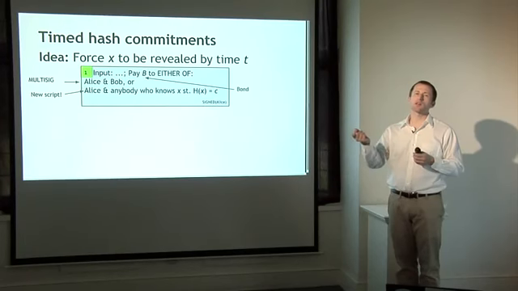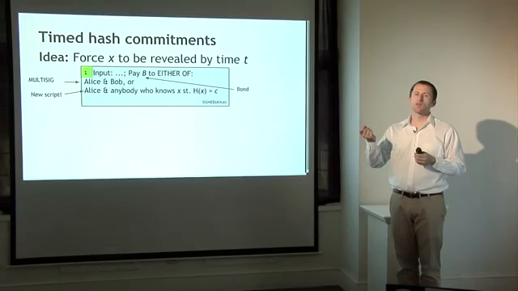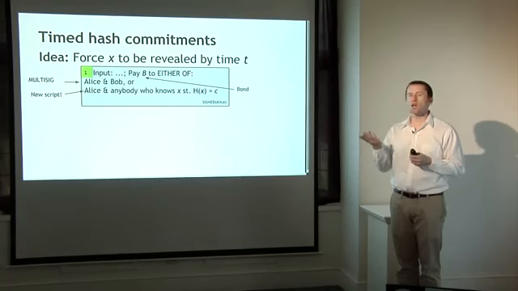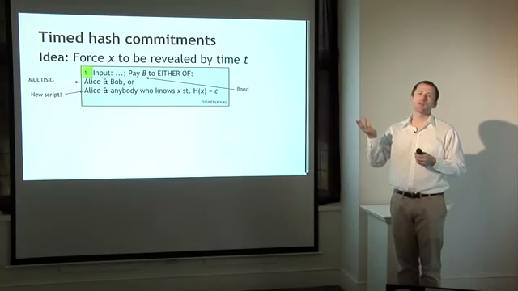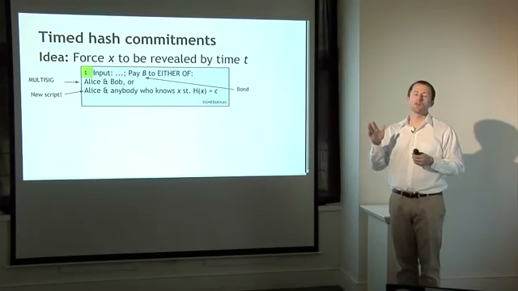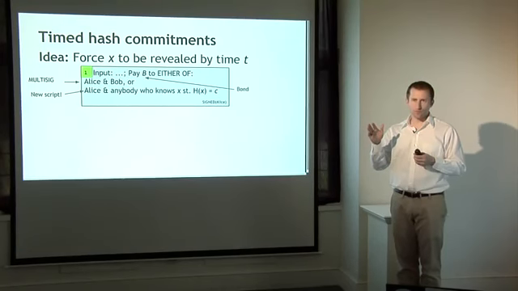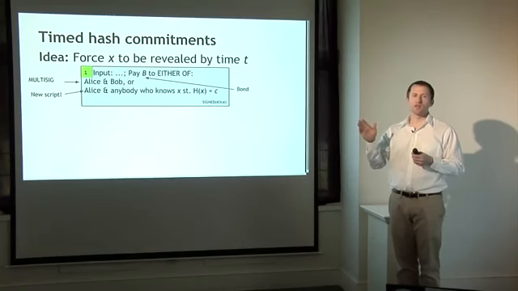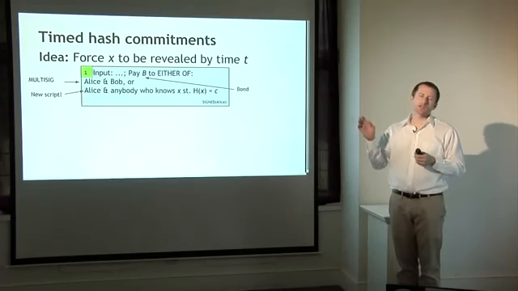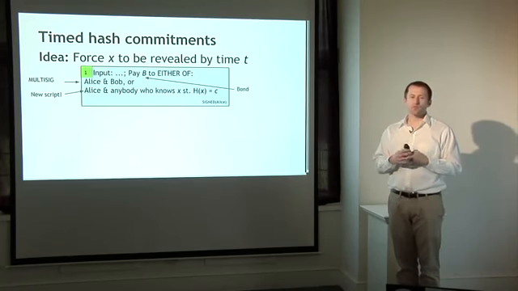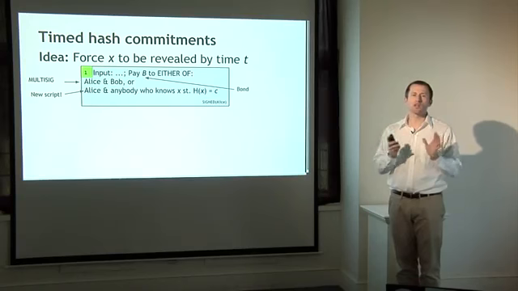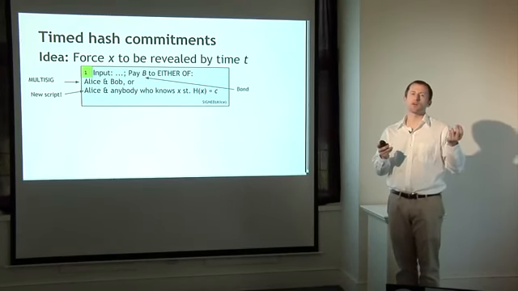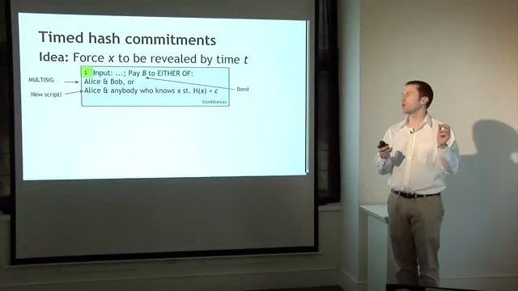Or if Alice signs and reveals what her data was, and you can check this in a Bitcoin script, you can check that there's a value in the redemption script, the script sig, that includes that value x that has a certain hash. So Bitcoin, without changing anything about the script, allows us to include this property that you have to specify this data with a certain hash in order to claim payment.